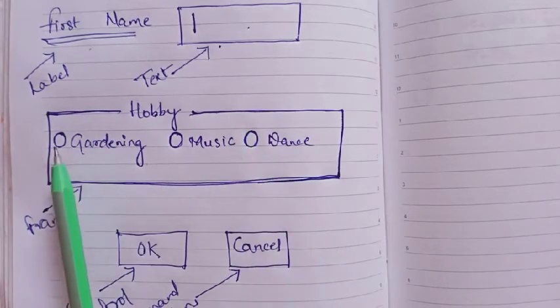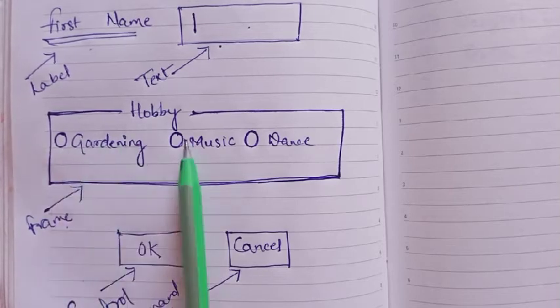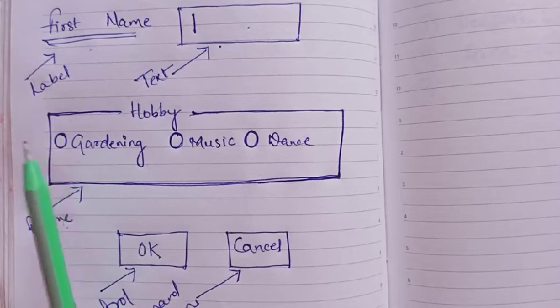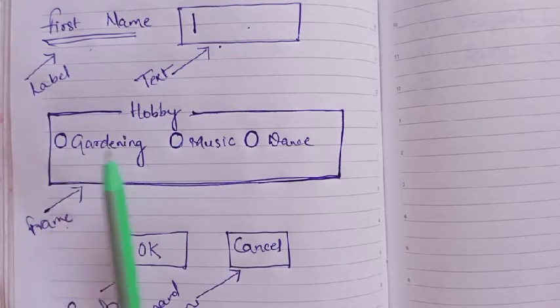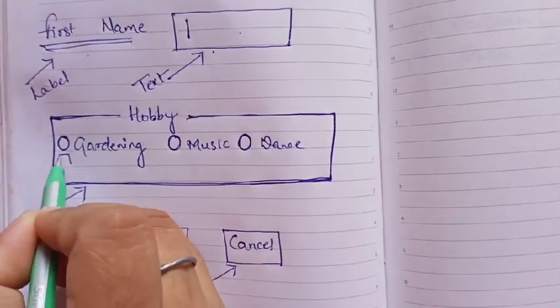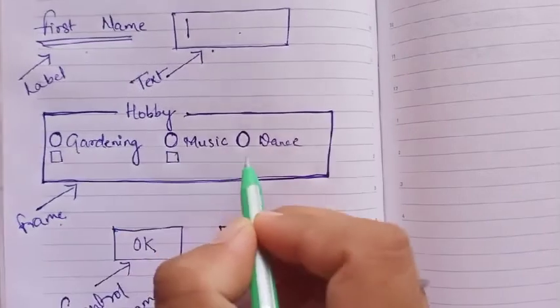The option button, or radio button, is indicated through these small little circles. Radio buttons are used to make one choice, and if I wish that more than one can be chosen, I'm going to make use of another button that is called the checkbox, and the indication of a checkbox will be a small little square in front of the option.